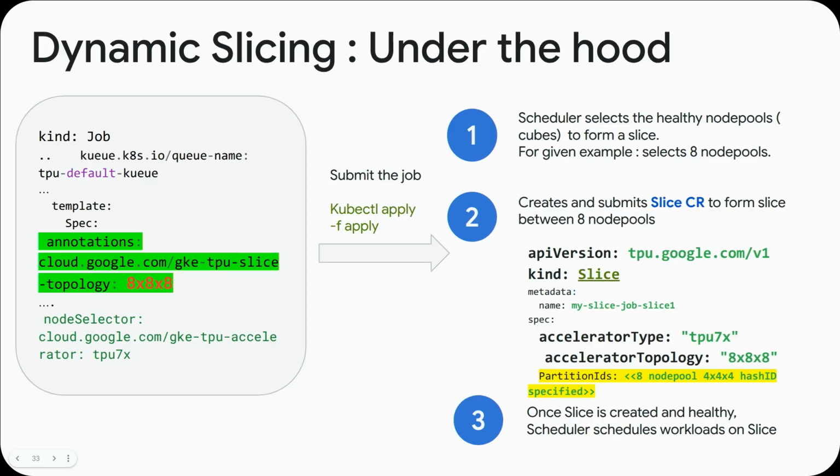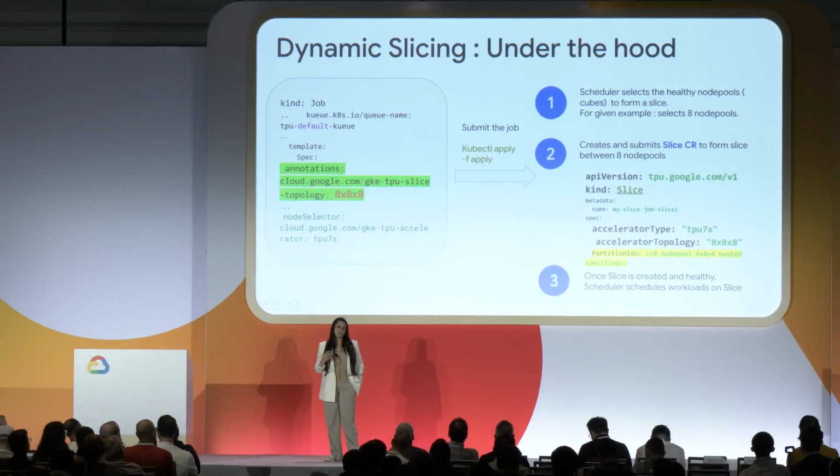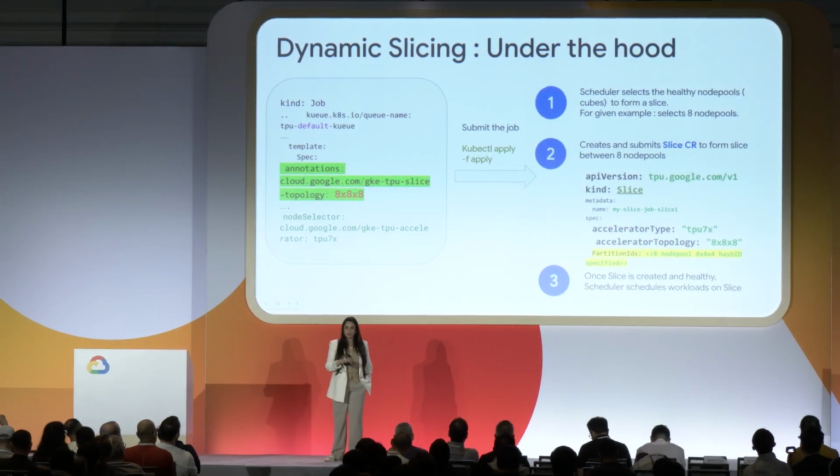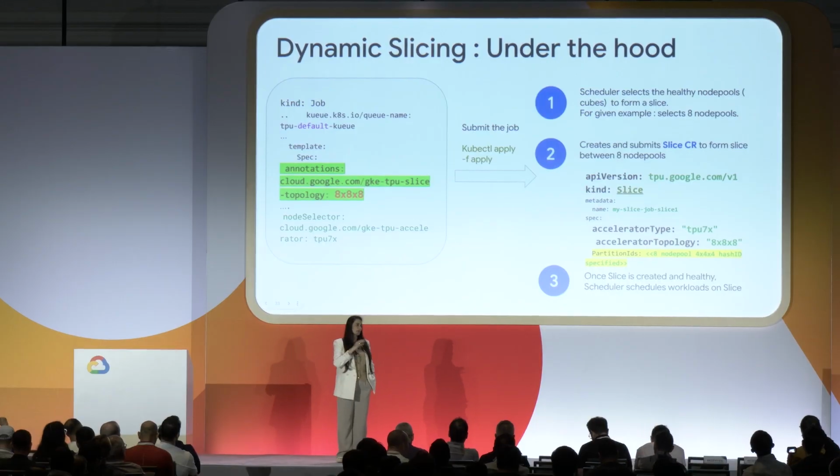So when you submit a workload with this annotation, what the scheduler does, as I said, is pick healthy node pools that match the VM for the topology. In this case, 8 node pools, and create something called a slice CR. We have a slice controller that's been deployed onto the cluster.